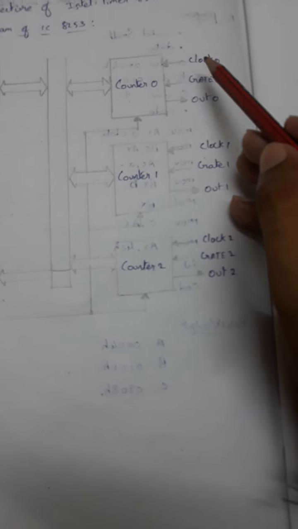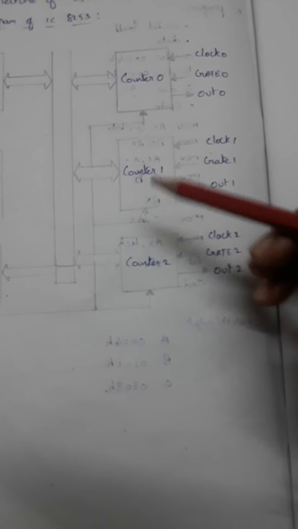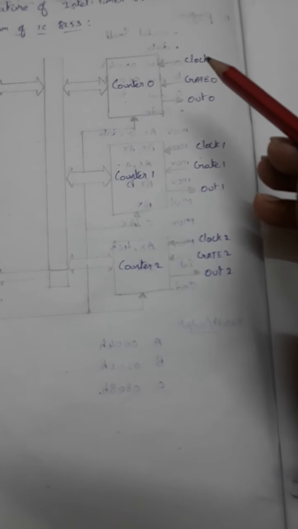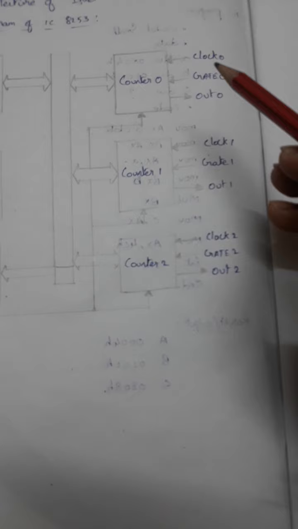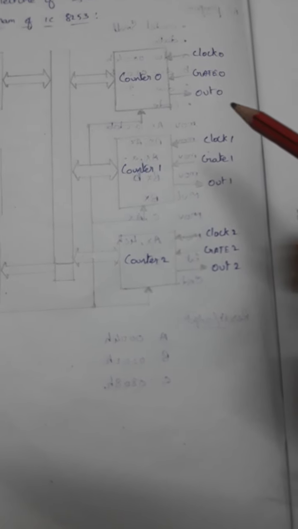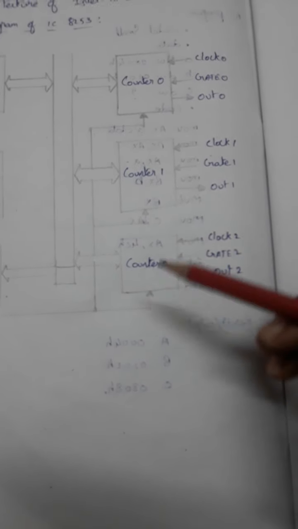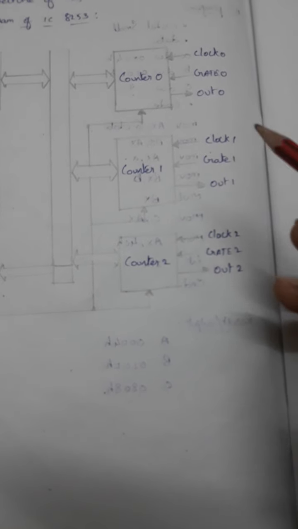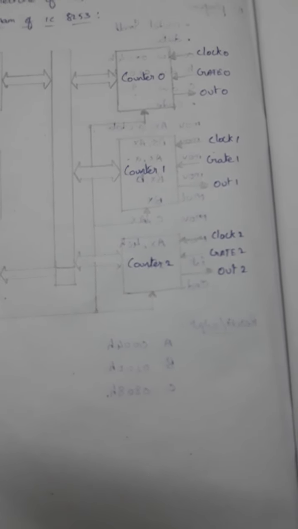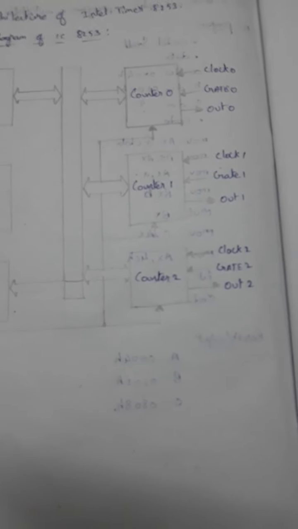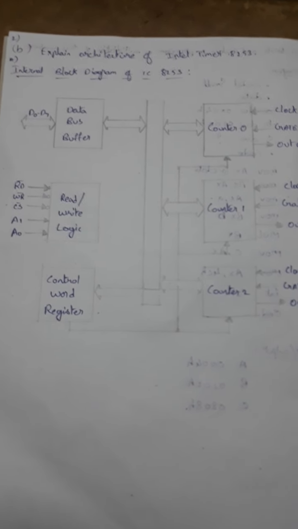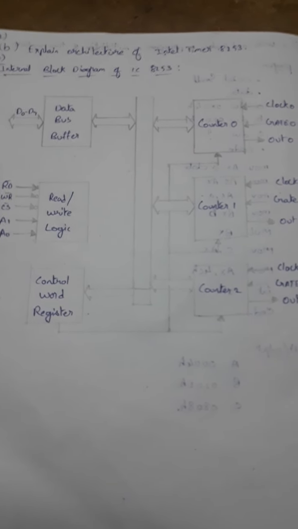These are indicated as three counters: counter 0, counter 1 and counter 2. Here the counter 0 signals are indicated as clock 0, gate 0, out 0, and similarly counter 1 and counter 2 are indicated as clock 1, gate 1, out 1, etc. Thus this is the architecture of the Intel 8253 timer.